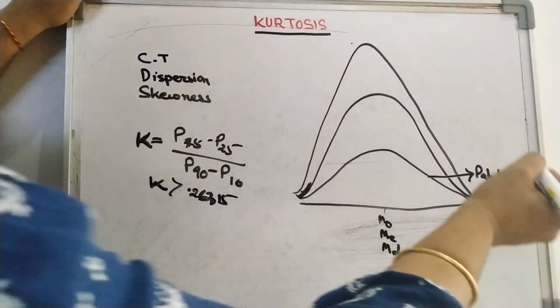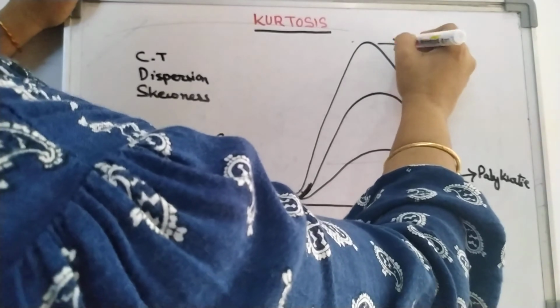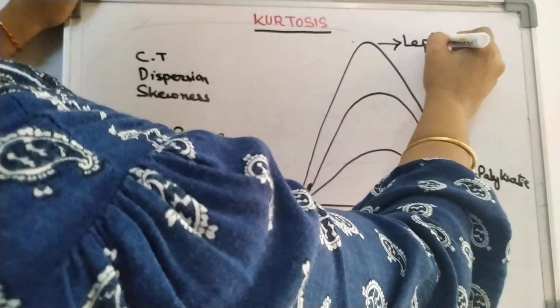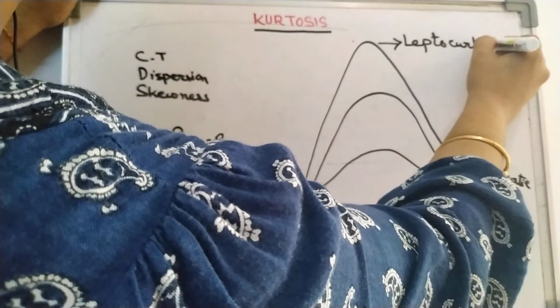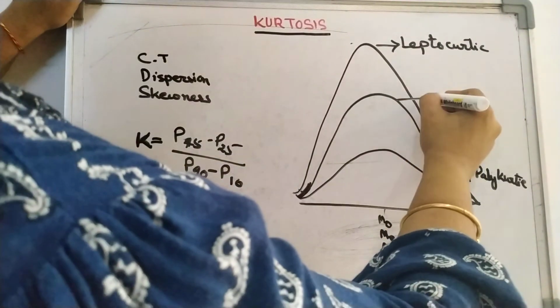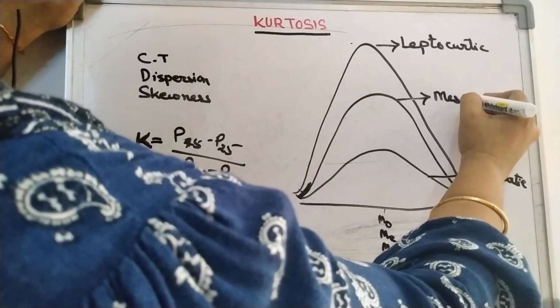This curve is called platykurtic, and the first one is called leptokurtic, and this is called mesokurtic, which is the normal curve.